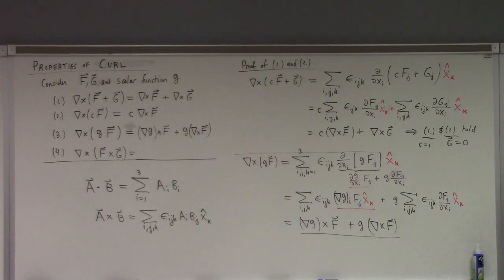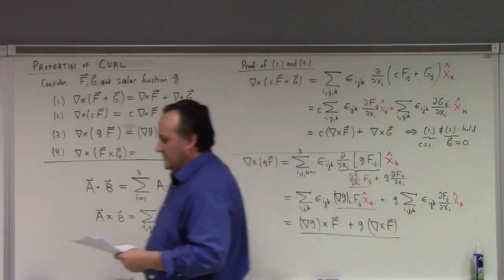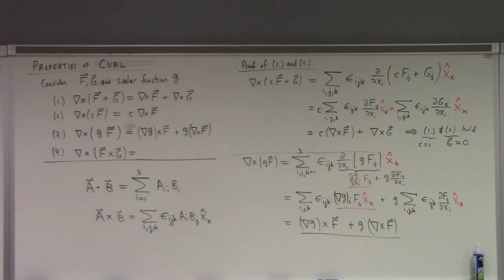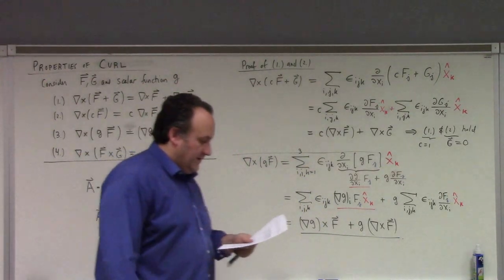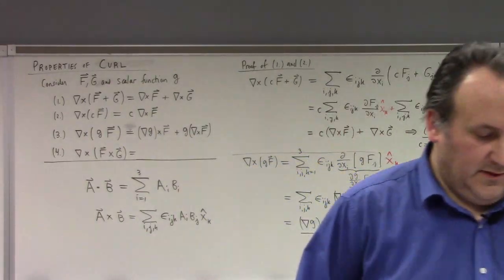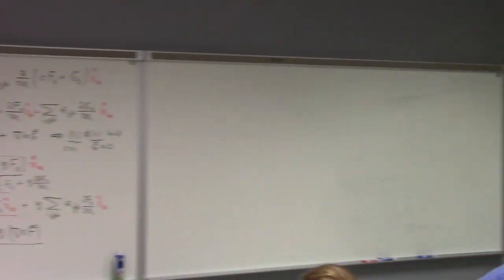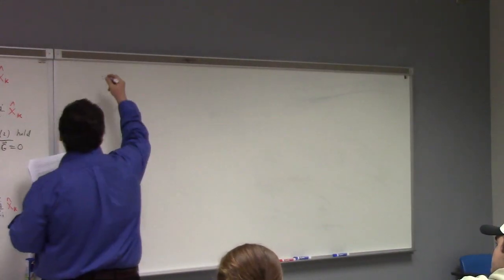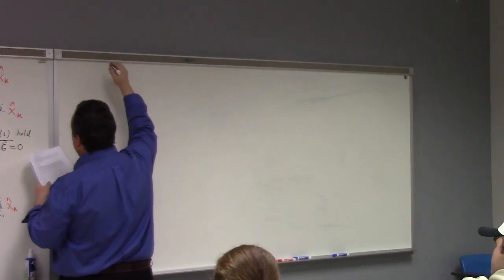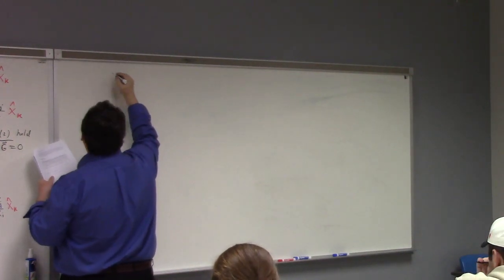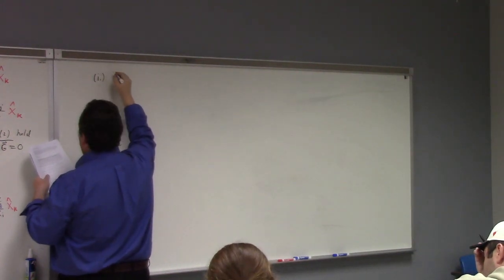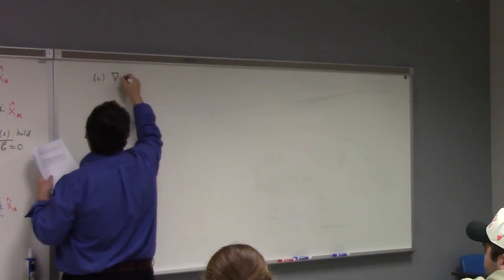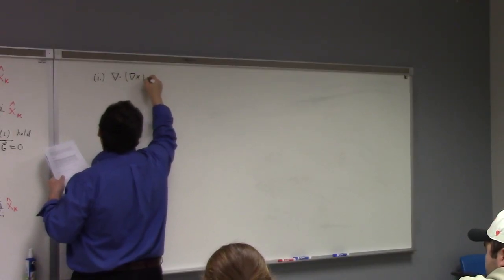These are second derivative identities that involve mixing of these vector derivatives. So the first is the divergence of the curl. What do you guys think the divergence of the curl would be?